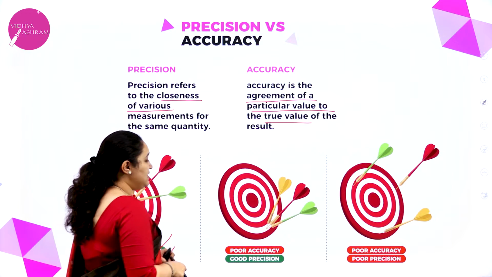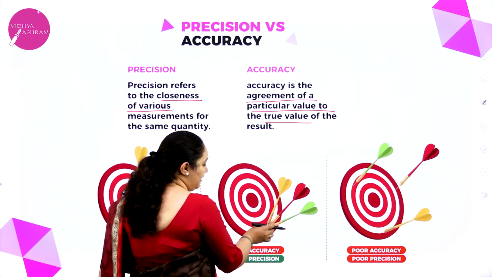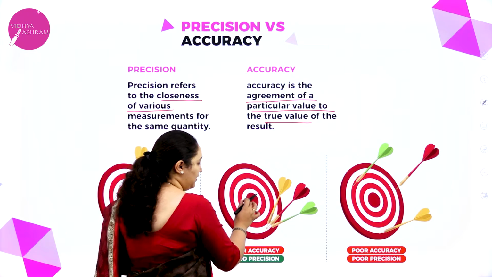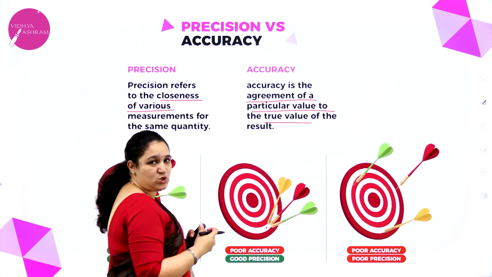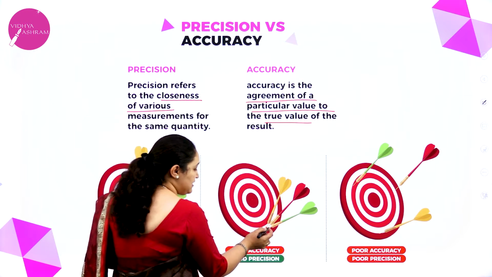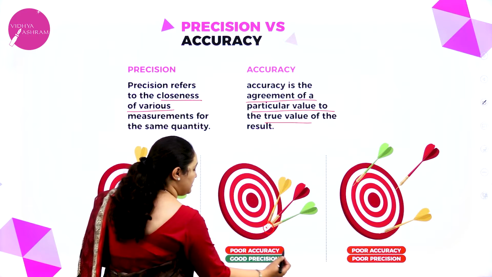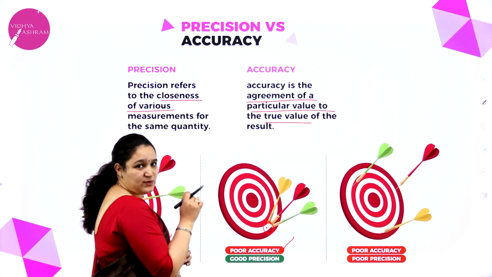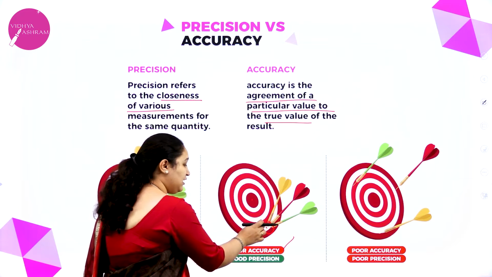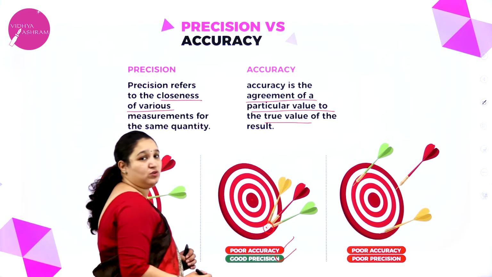Whereas here you can see all the 3 arrows are not in the center, but they are in some other place, but they are together, very close to one another. So this is called poor accuracy because it's not in the center where it was supposed to be. But as they are together, the precision is good.